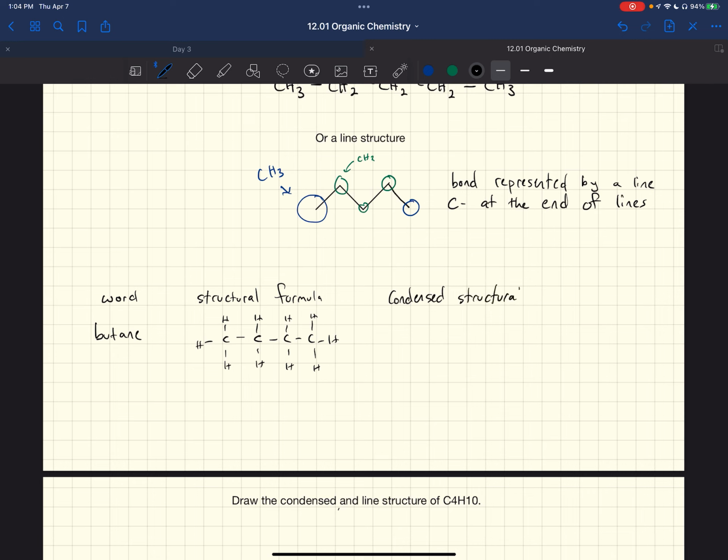I can do a condensed structure. I could do a line. Okay. I could also, if I was being super crazy, I could do a Vesper.